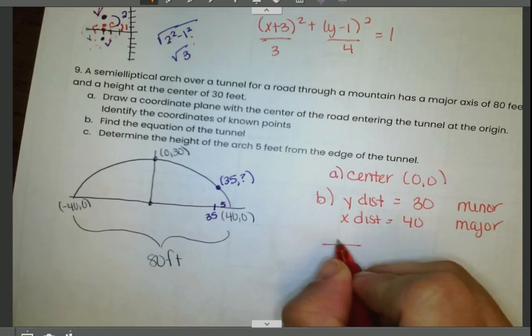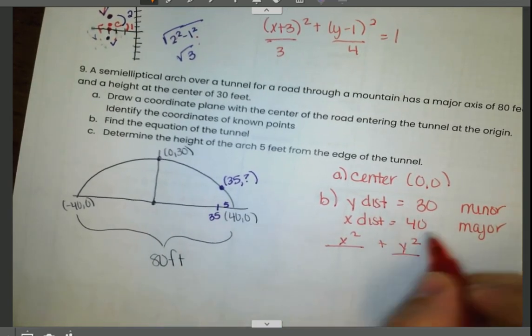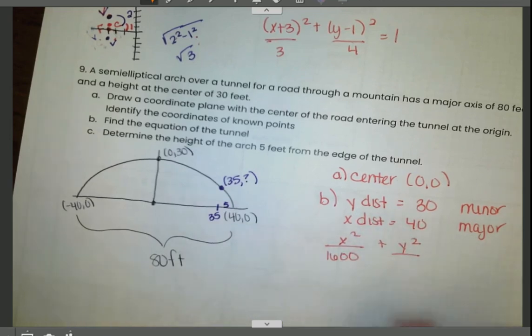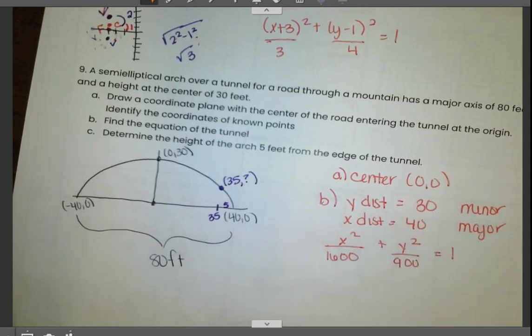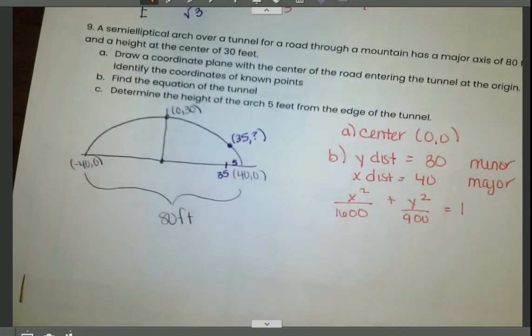So now we're going to square them. Because we have a center at the origin, I have x squared and y squared at the top. 40 squared is going to be 1,600. 30 squared is 900. So there's our equation.